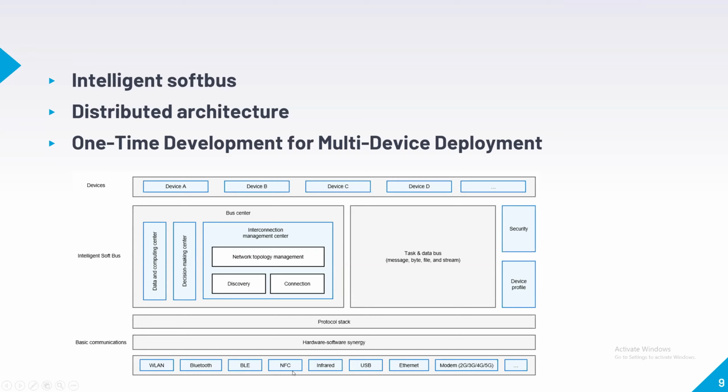NFC, we know how the communication happens at a very small distance. Infrared is an inline communication. We have USB, Ethernet, and modem, which is our radio signals. So we have so many different types of radio signals.